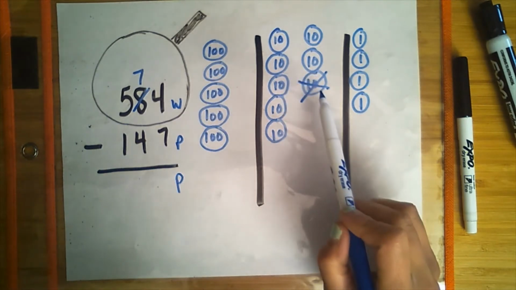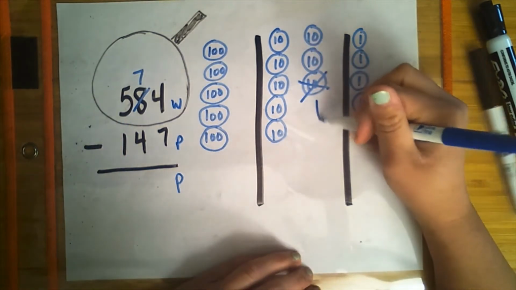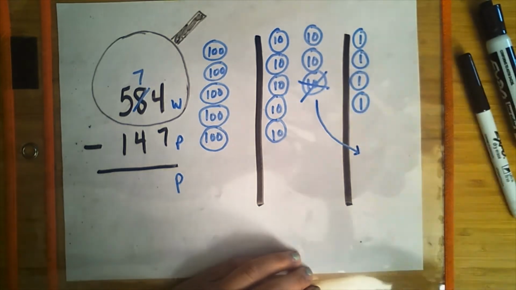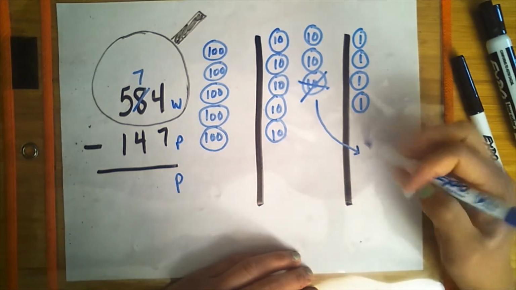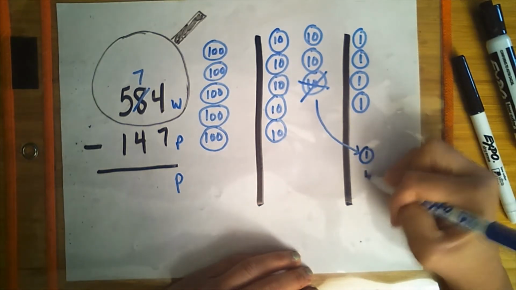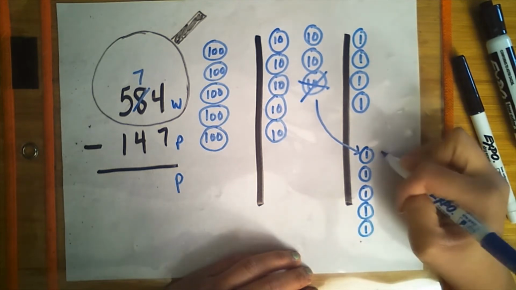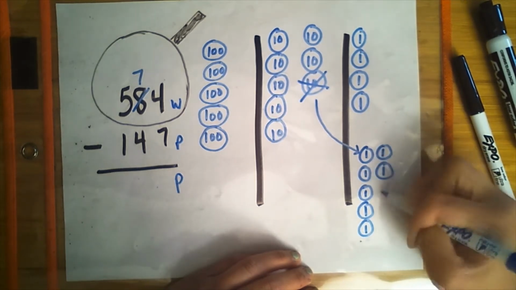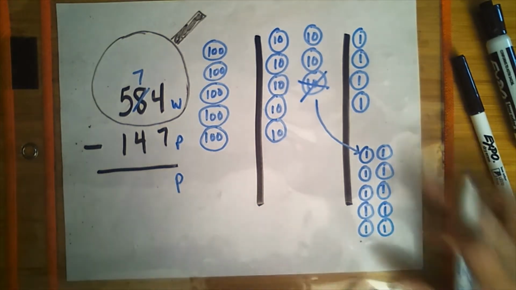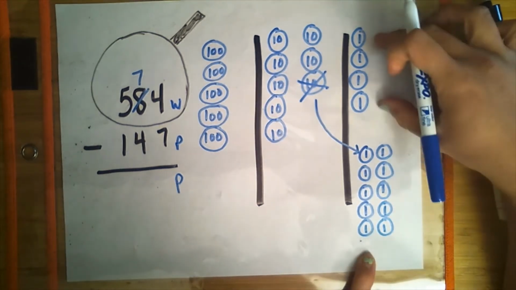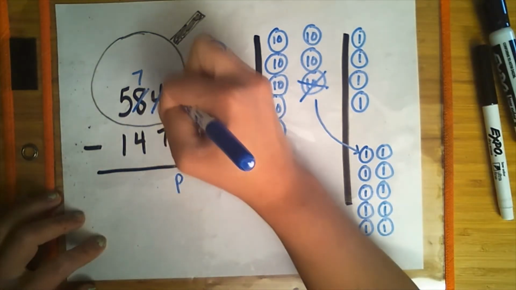Since I unbundled, I only have 7 tens now. I'm going to move that over into my ones, and to make 10 in the ones place, I need 10 ones. Since I have 10 ones here and then 4 ones here, I no longer just have 4 ones. I have 14 ones.